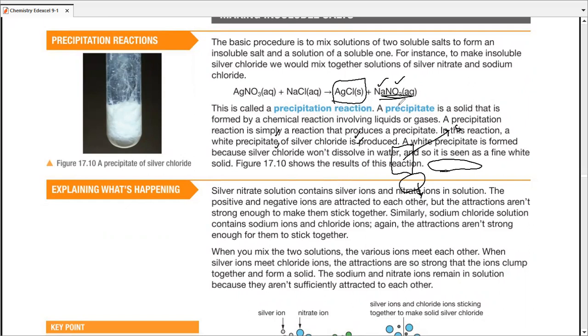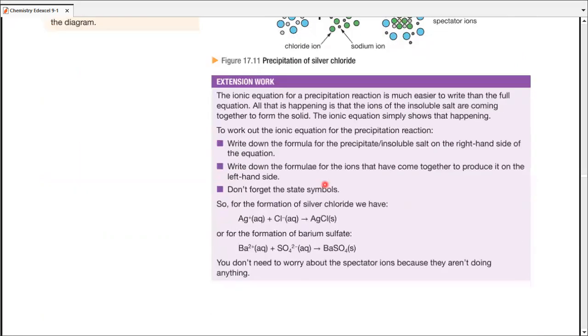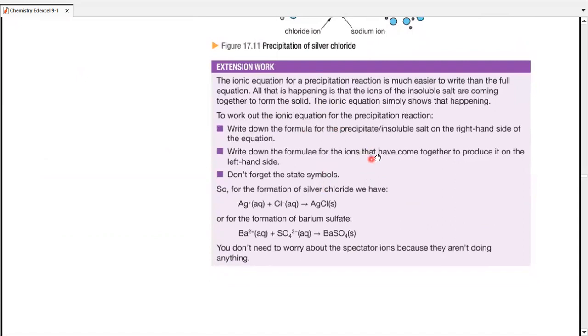All right. So we are only interested in our precipitate. So apart from the precipitate, any other ions will be considered as spectator ions. Okay. So what are you supposed to do? Extension work. How are you going to write all of this? Whenever you see an equation, to work out an ionic equation from a precipitation reaction, consider the solid only.